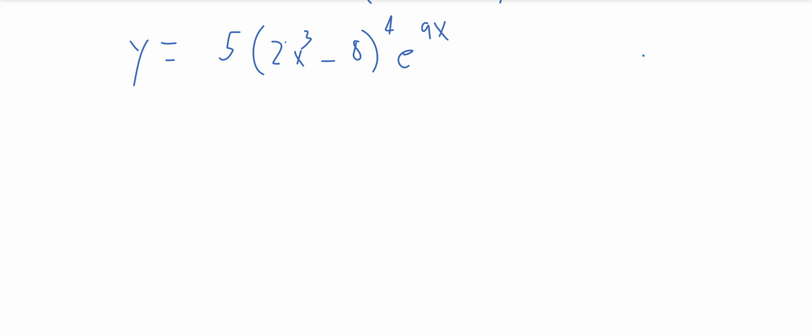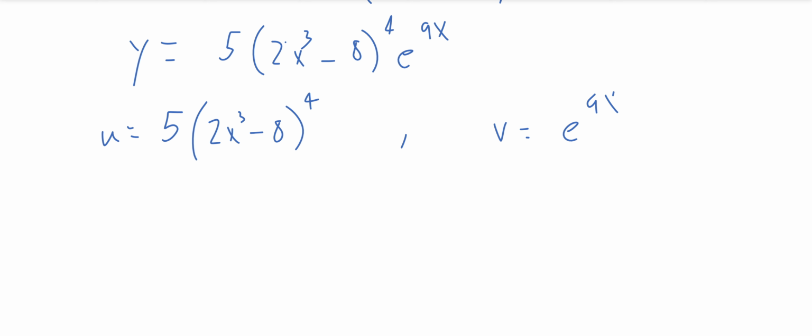So the first thing I would do, because this is product rule differentiation, so you have u multiplied by v, you first need to say that u equals 5 (2x cubed minus 8) to the power 4, and then v equals e to the power 9x.